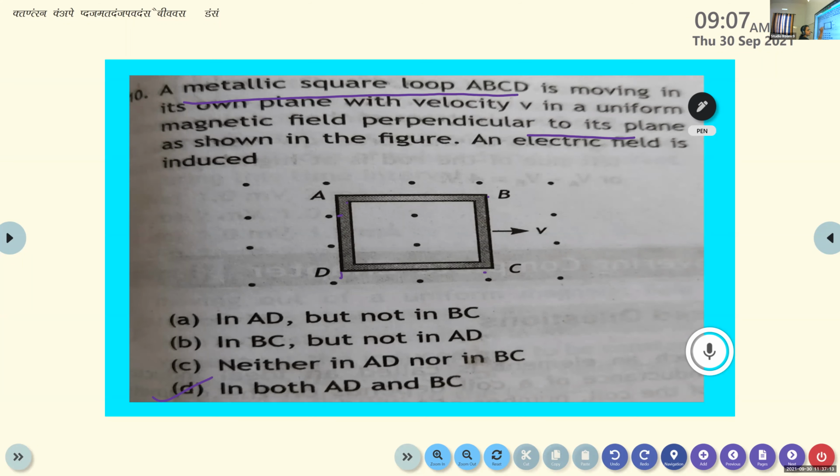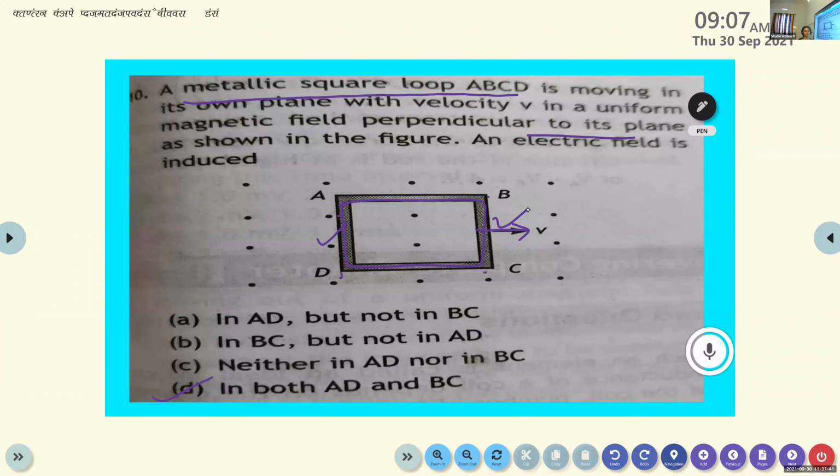So when this metallic loop with free electrons moves inside a uniform magnetic field with a velocity v, an EMF will be induced here. That induced EMF generates an electric field in both vertical sides of this metallic square loop, AD and BC.